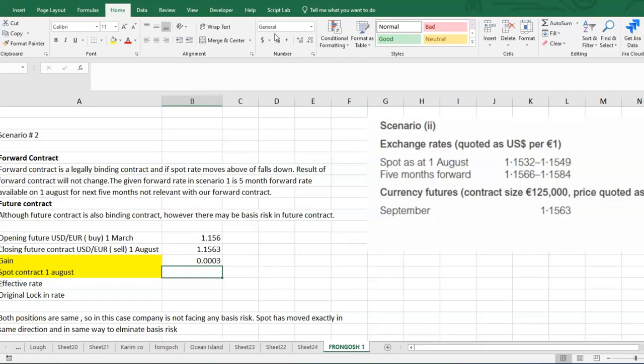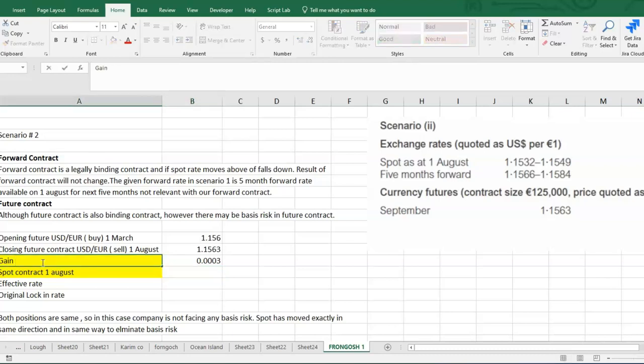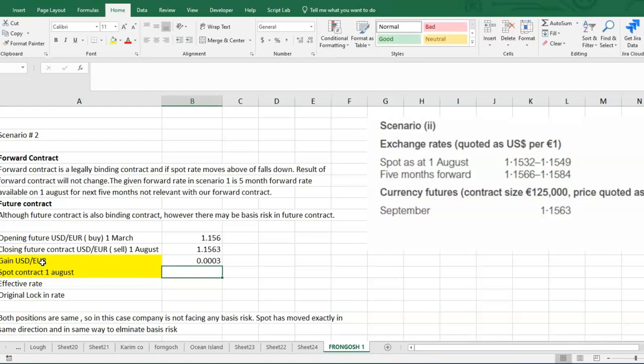Please look at the screen and tell me what spot I should take. What spot rate should I take? Anyone? 1.1532 and 49? 32, sorry, 49. 1.1549.